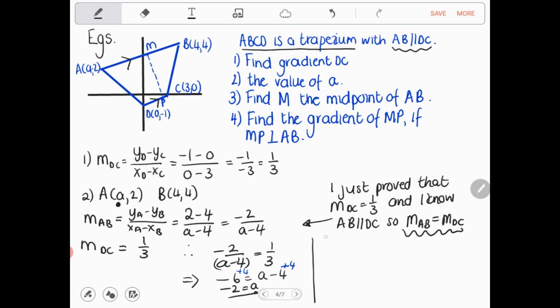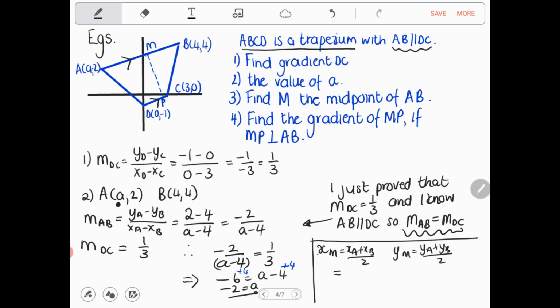All right, now what do we need to do? Well, we need to find the midpoint of AB. Using your midpoint formula, the x at M and the y at M, we add the ends and divide by 2.